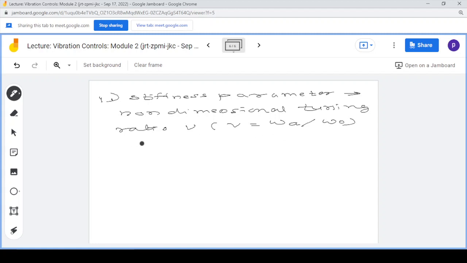Whereas what is omega A? Omega A is equal to K2A divided by M2, raised to half. Whereas what is K2A?